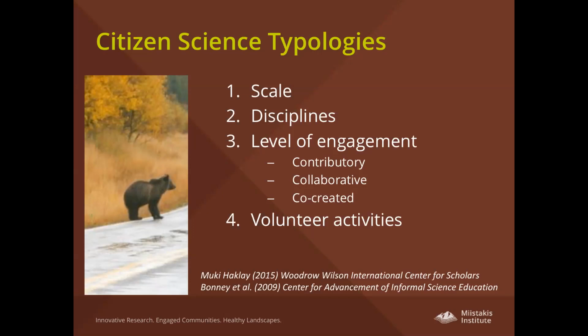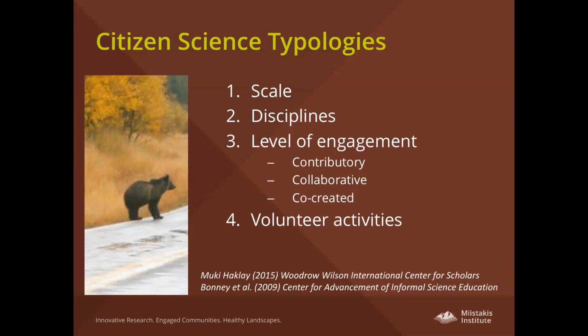These different geographical scales lend themselves to different modes of participation and how volunteers participate. We find that as the scale increases, from local to global, the role of individual participants in the whole scientific process diminishes.